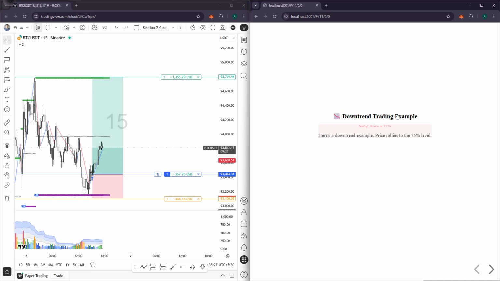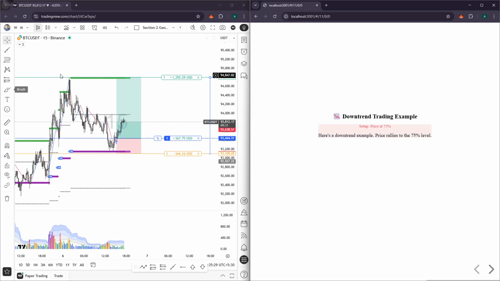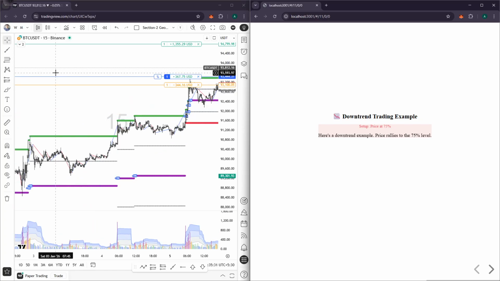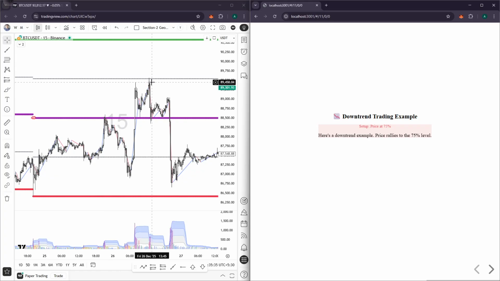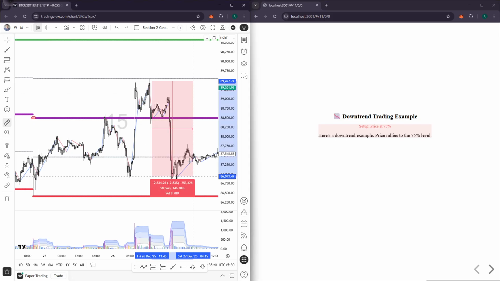Now, a downtrending example, we can see here. I think this one, yeah, 75%. So if we enter short there, we can take profit around here.